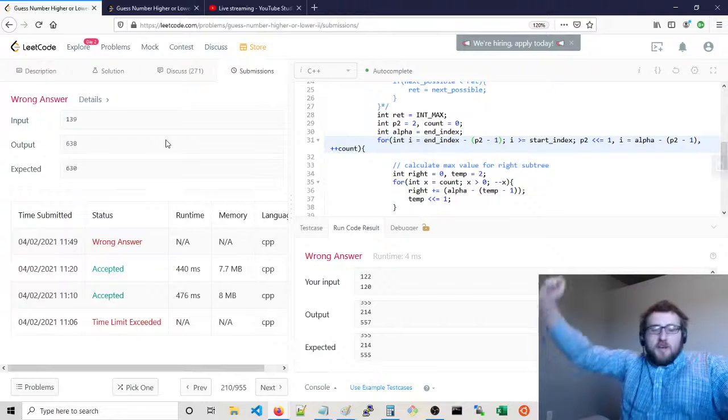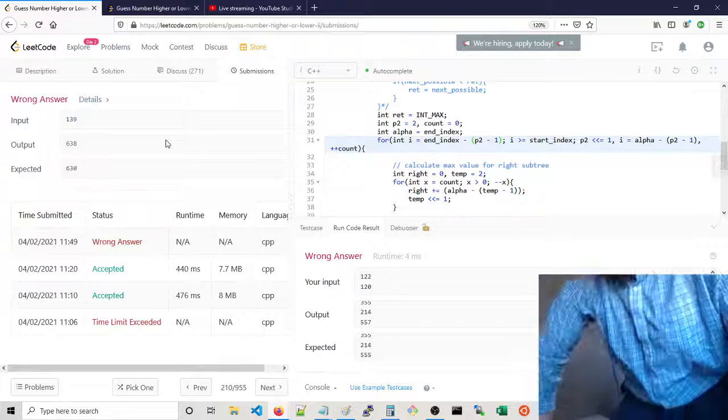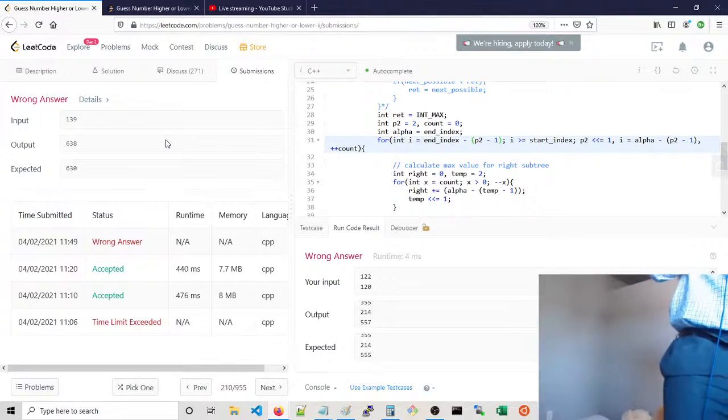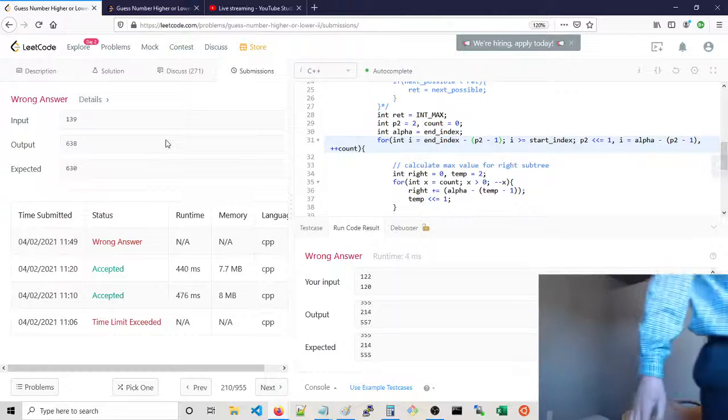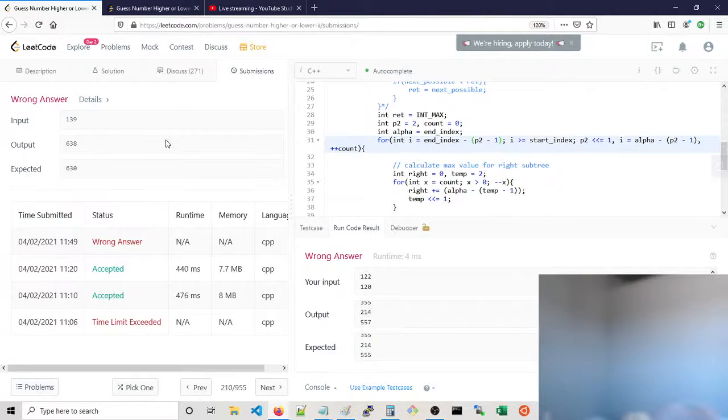Alright, let me lay down for a minute because I'm feeling a little tired here. Just a bit sleepy. Let me think for a moment or two. What could it be? What could be the problem?